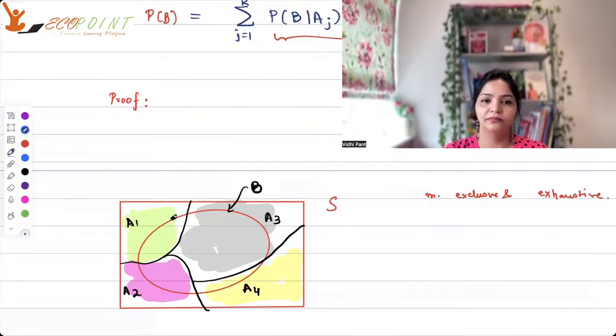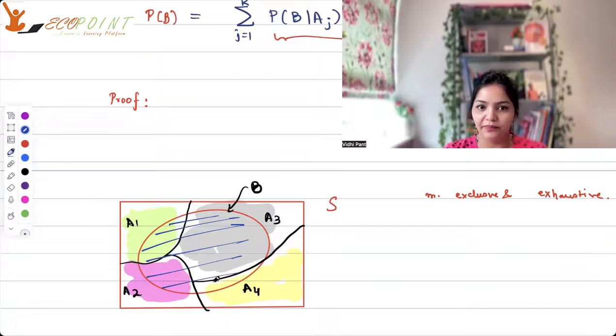Now, if you observe, this is event B that has suddenly occurred. Let me shade it like this, okay? Now, can you see an association here of B with A1, A2, A3, A4, right?